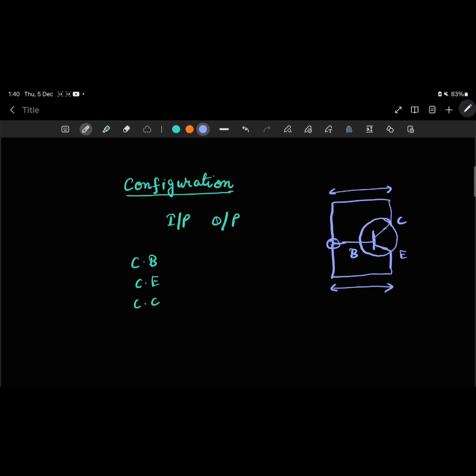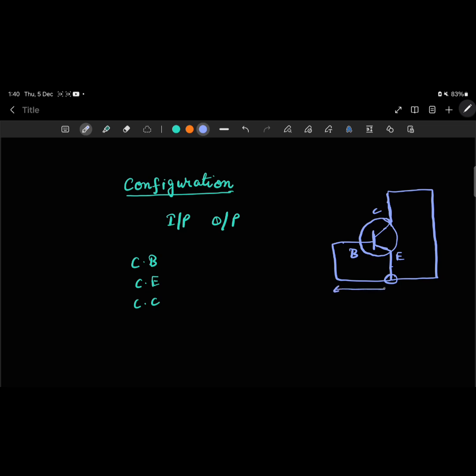In the case of common emitter configuration, it's the emitter which is common between the input and the output. So as you can see, the connections are made in such a way that the emitter is common here.